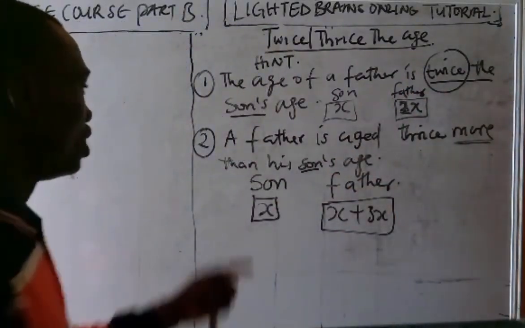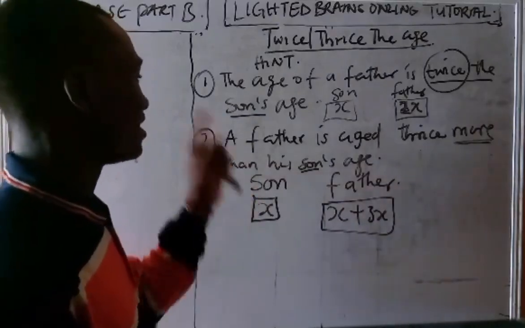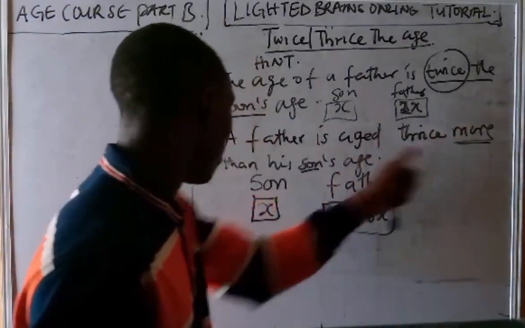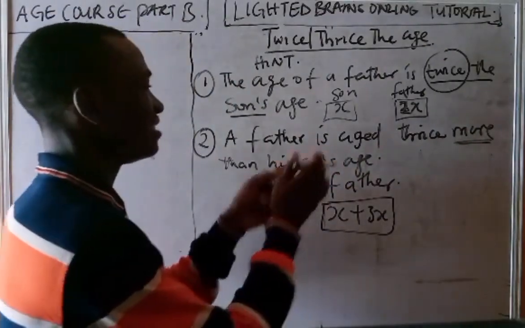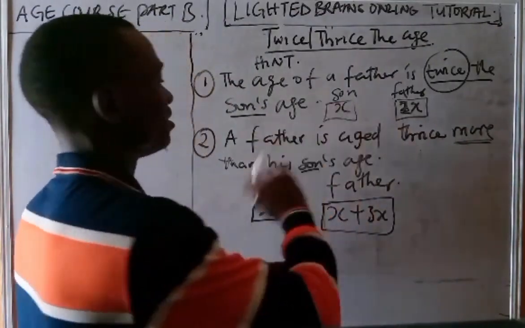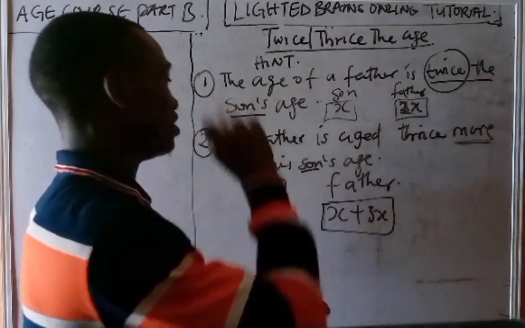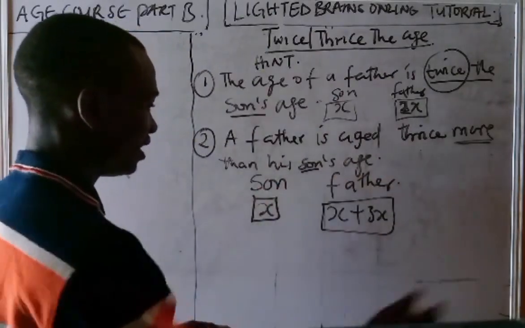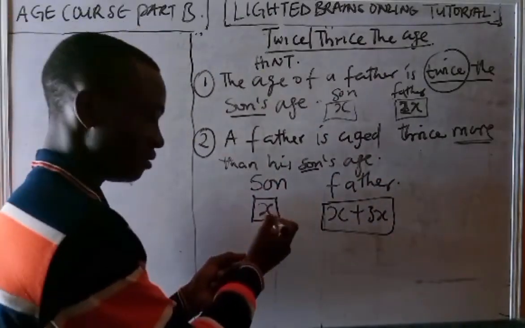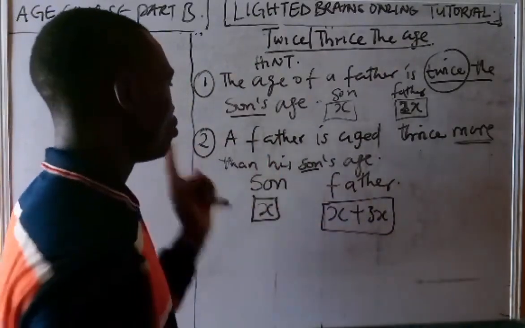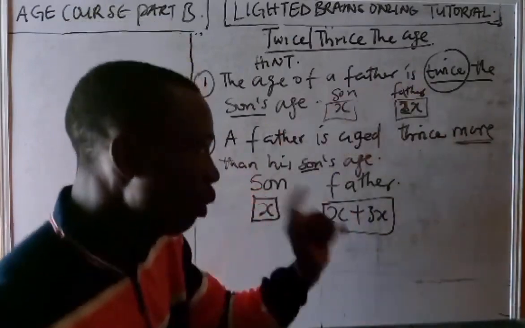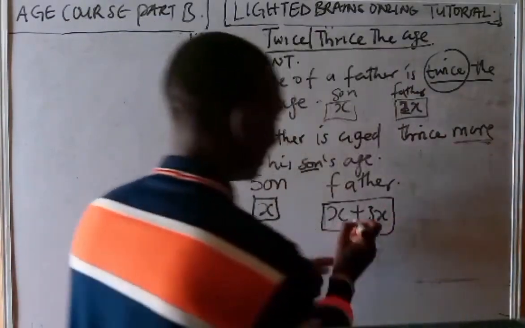Do you understand now? So the concept here is that a father is aged 3 times more, thrice more than a son's age. A father is aged thrice more than a son, or 3 times more than a son's age. Now here is the concept. This was x. Normally you don't know the son's age, right? You give it as x. So a father is aged 3 times more. This word more, that's why we added plus here.